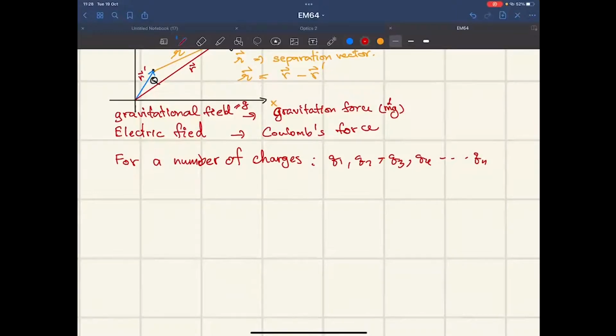We have the separation vectors R1, R2, R3, R4 until Rn here.